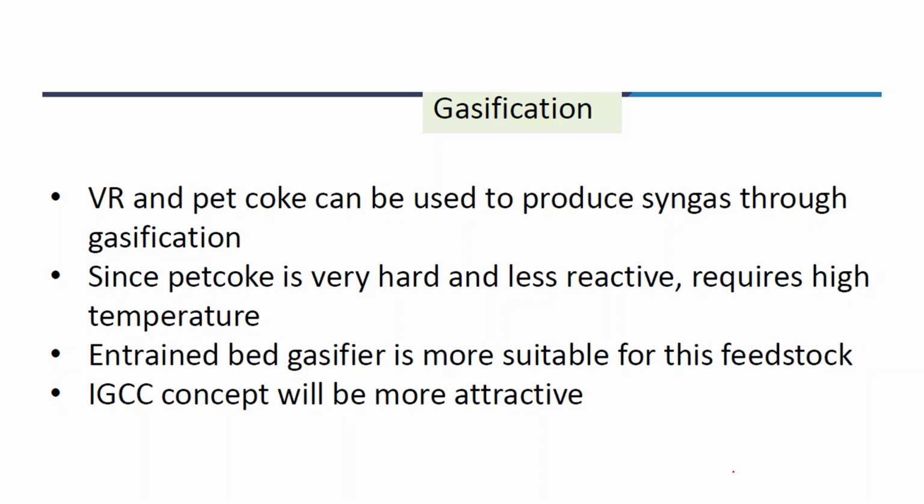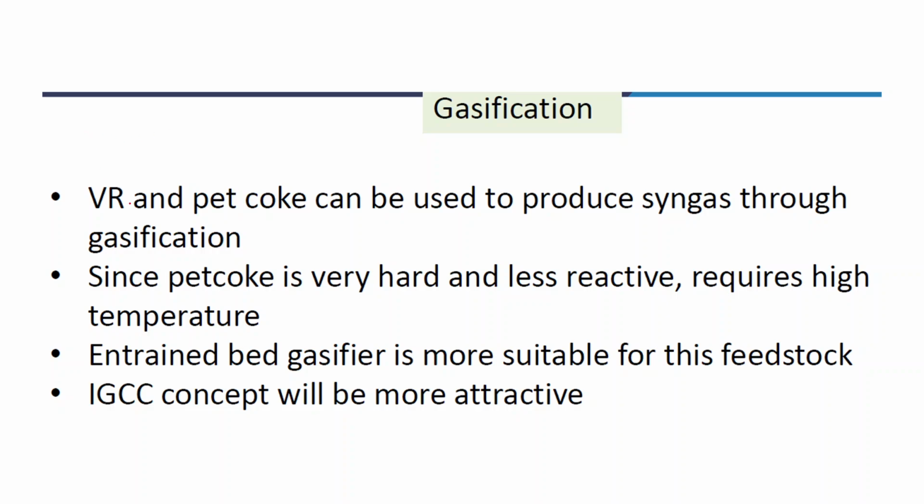But the last technique which is used is the gasification technique. As we studied in coal, gasification is basically the conversion of a solid or liquid product into a gaseous product. So here also, the vacuum residue, on treatment with high temperature and pressure, is converted to syngas through gasification.